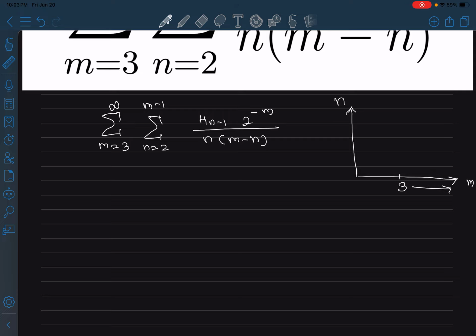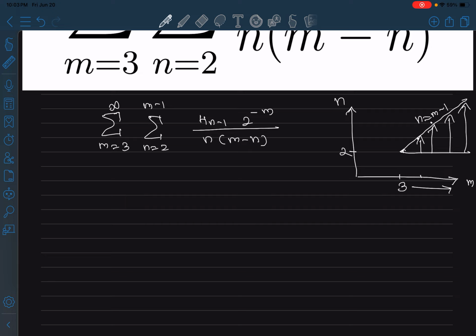So when m is 3, n goes up to 2, because m minus 1 is 2. When m is 4, it goes up to 3. When it's 5, it goes up to 4, and always from 2. This is our domain of summation: 2 to 2, 2 to 3, 2 to 4, 2 to 5, 2 to 6, and so on. So this is basically our n equals m minus 1 line.